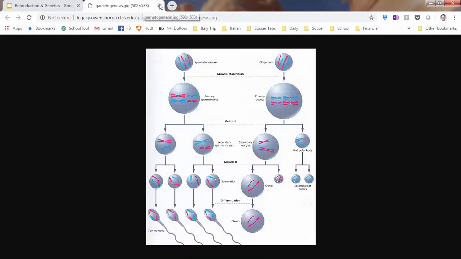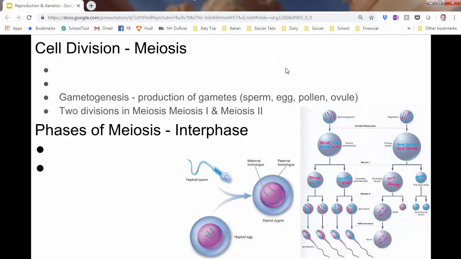Gametes are special, like we said in our question today, gametes are specialized cells. And they're specialized because they have half the number of chromosomes. So the purpose of meiosis is to take normal cells, which we would call diploid body cells, and from them produce a special type of cell called a haploid gamete.